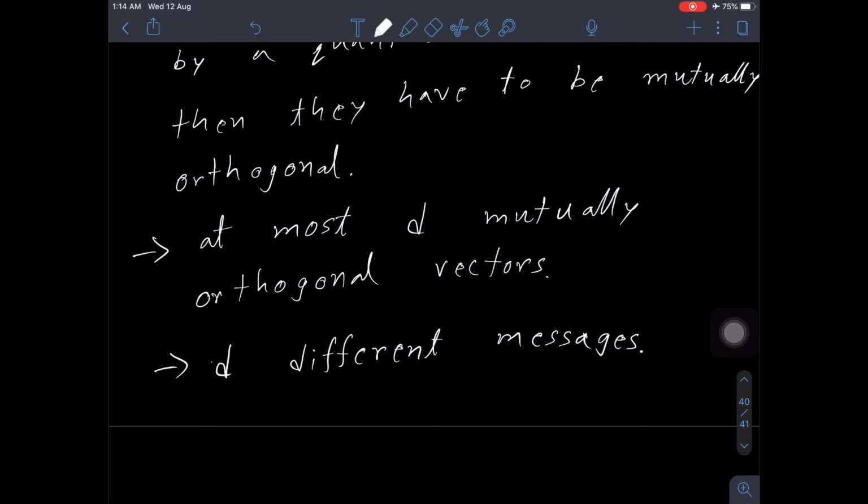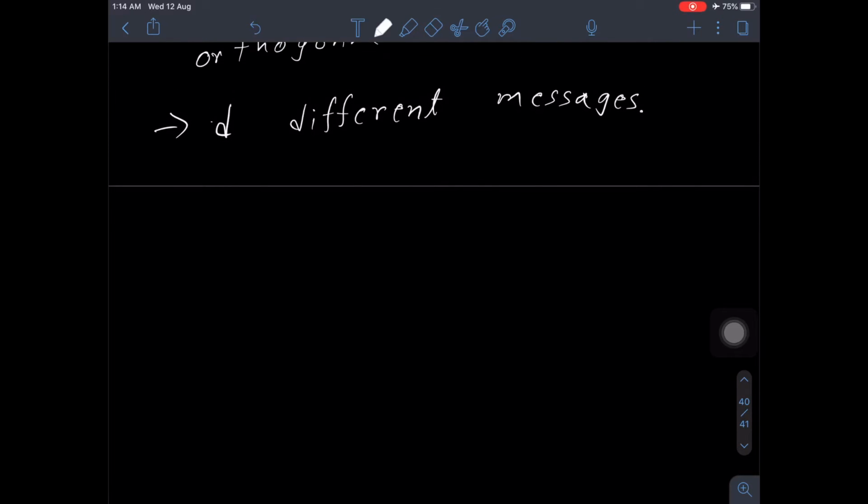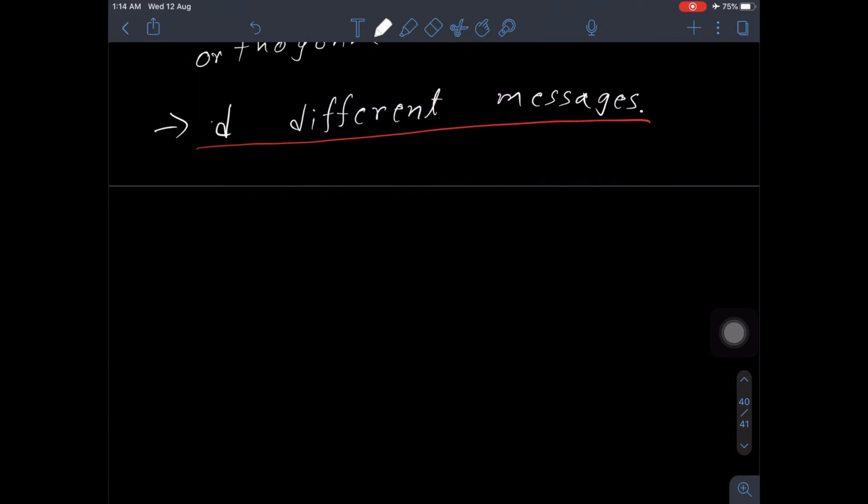So this is the idea of quantum information, and this is a very important statement. If you are in a d-dimensional vector space, you can at most encode d different messages or pieces of information.